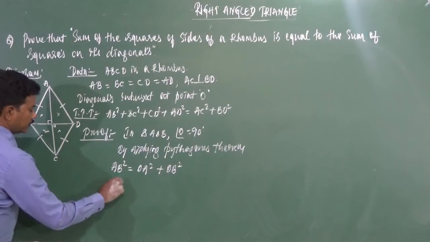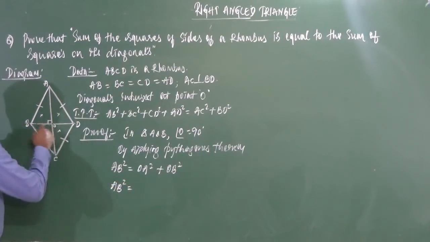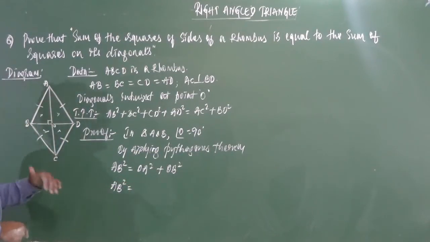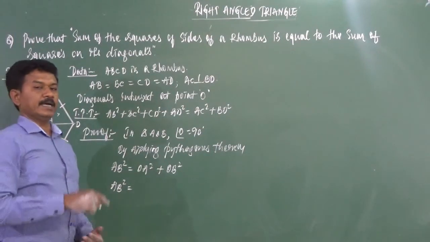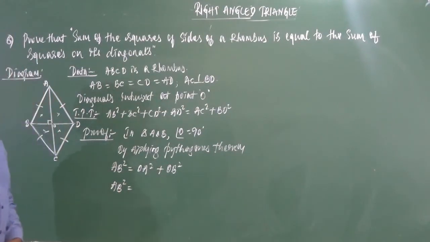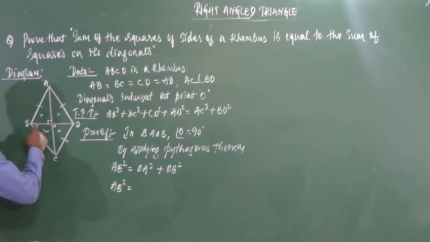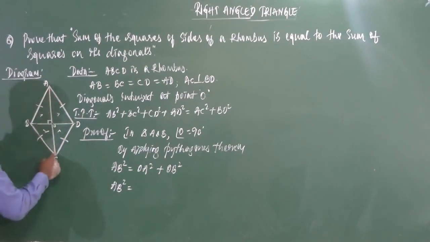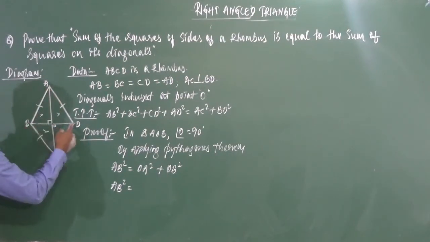The diagonals intersect each other perpendicularly as well as bisect each other. That's a very important property here. So OA is half of AC and OB is half of BD.